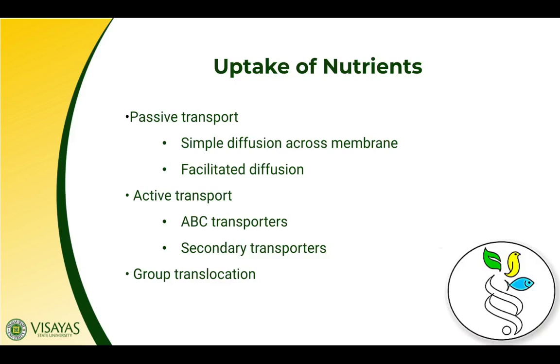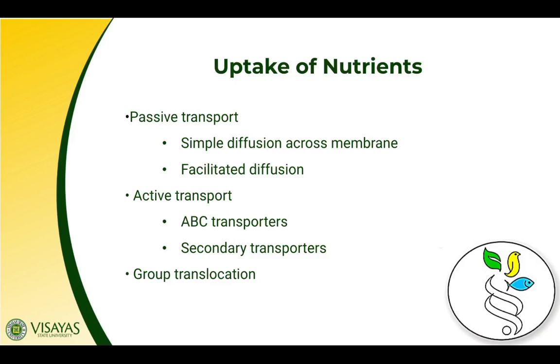Active transport uses energy, it could be through ATP, or secondary active transport through an ion gradient. But there is also what we call the group translocation mechanism.